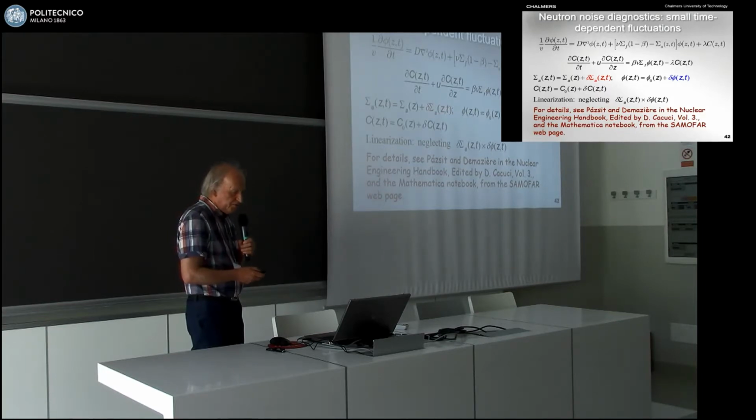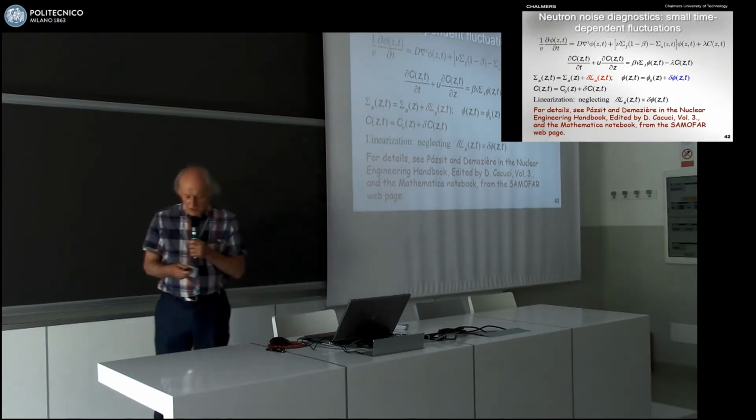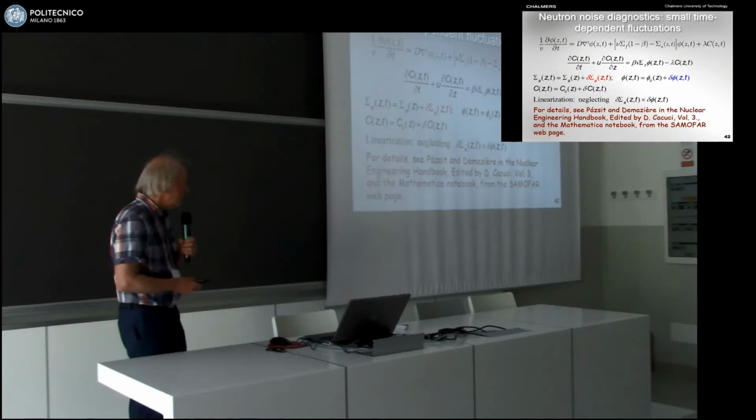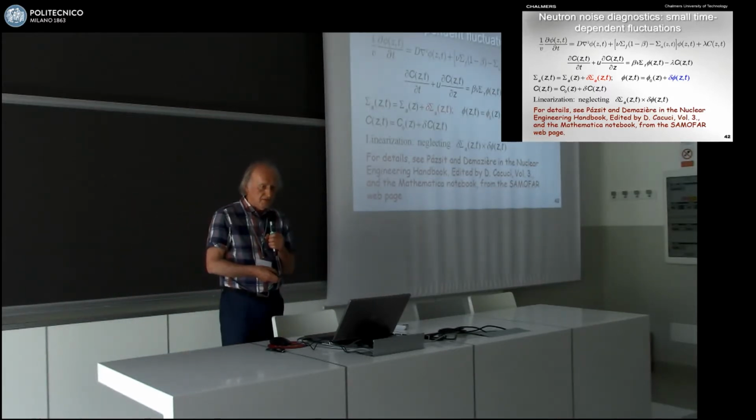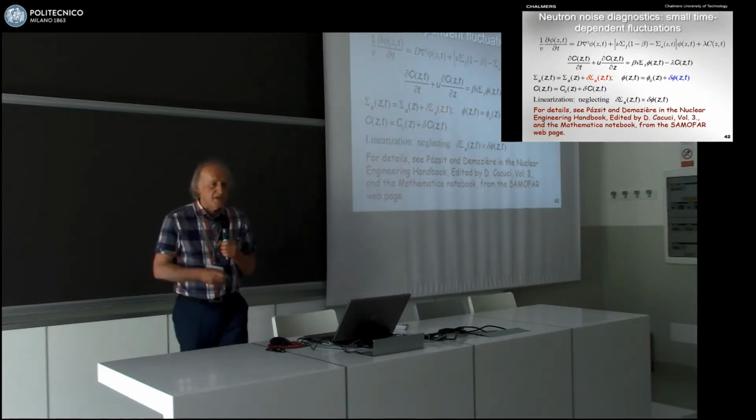Now I will try to jump over a large number of equations here and just first of all refer to one of the chapters we wrote with a colleague of mine in the nuclear engineering handbook, and you can also look at the equations in the slides. What I will tell you is a flavor.